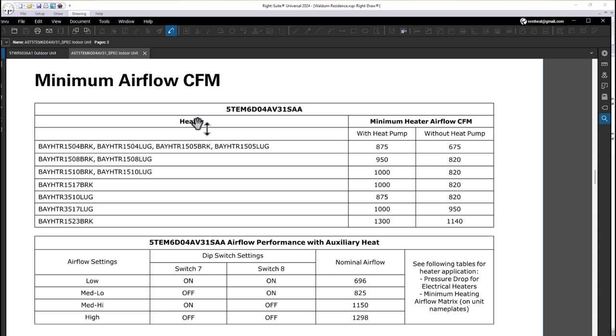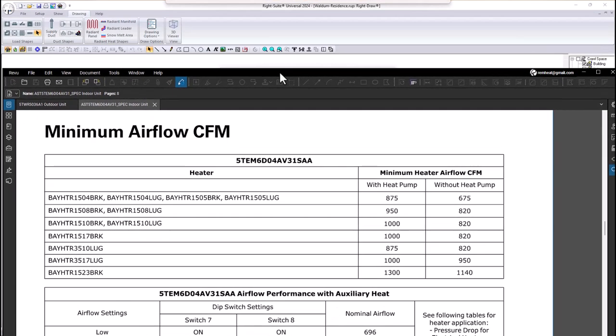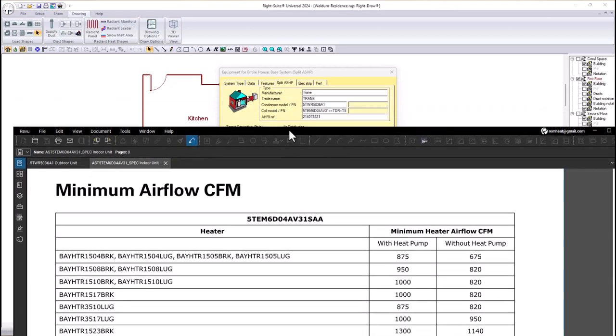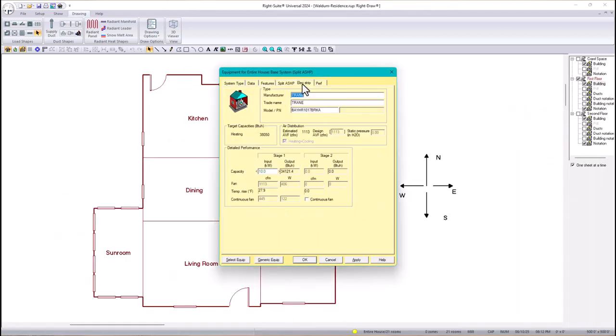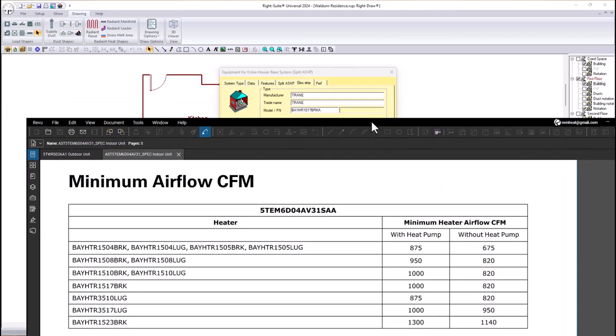Number one, so that's why it is always a good idea to review this. Number one, look at this. If you go here, let's go to the heater. Hold on. I'm gonna put electric strip, and I chose a BAYHTR 1017, right? So if you go here to the spec sheet, I don't see that.